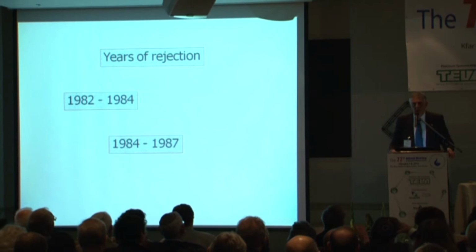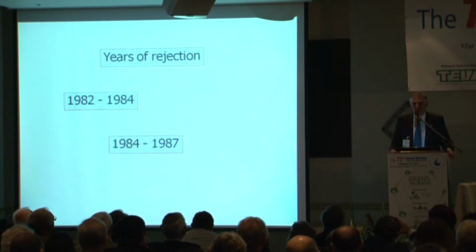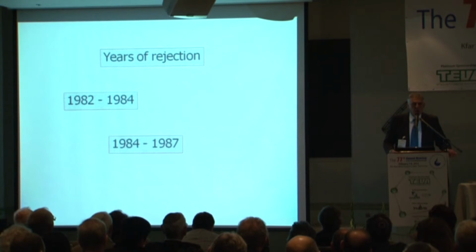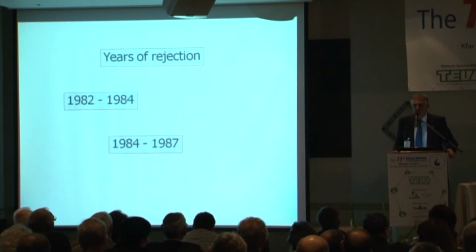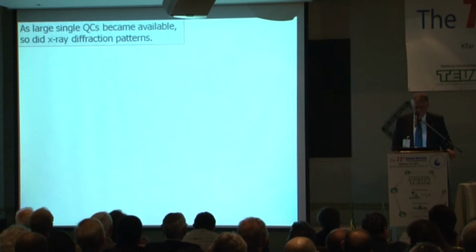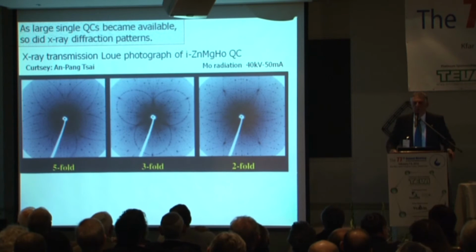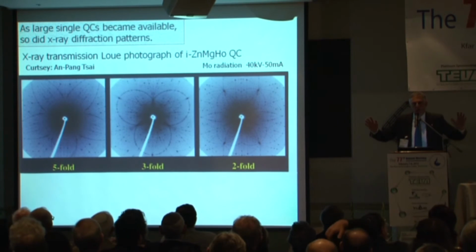But my friends in France and in Japan sent me such pictures of X-ray diffraction in 1987, and I presented these results in the annual meeting of the International Union of Crystallography in Perth, Australia. When I showed these results, they said, okay, Danny, now you're talking.